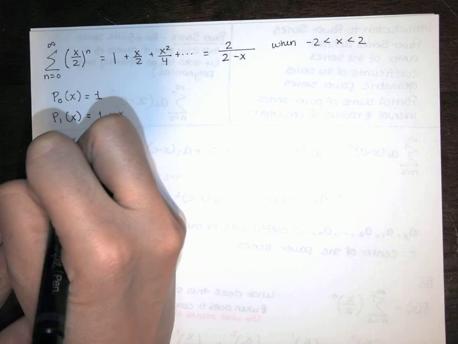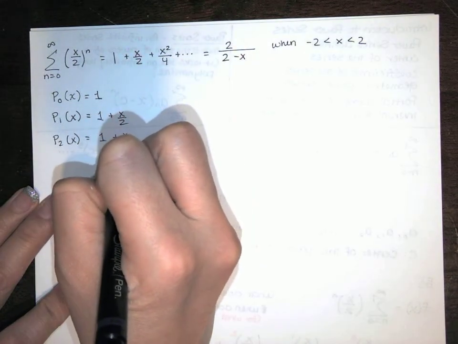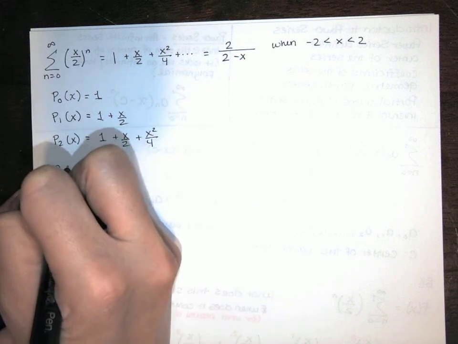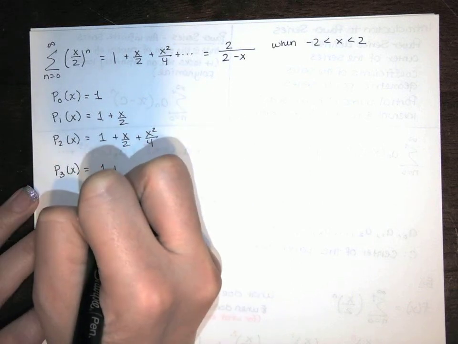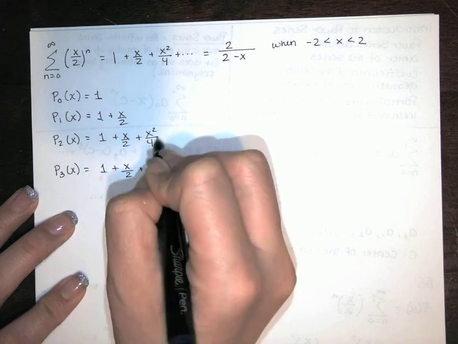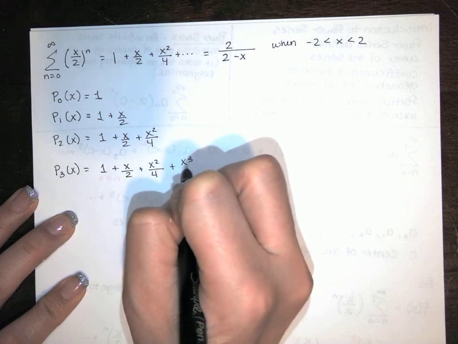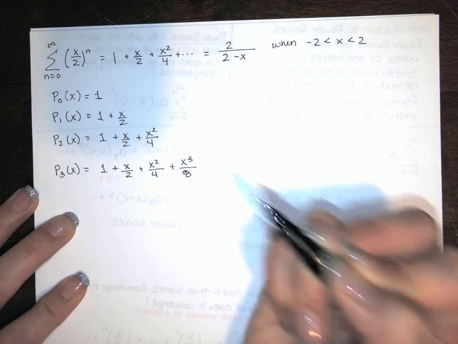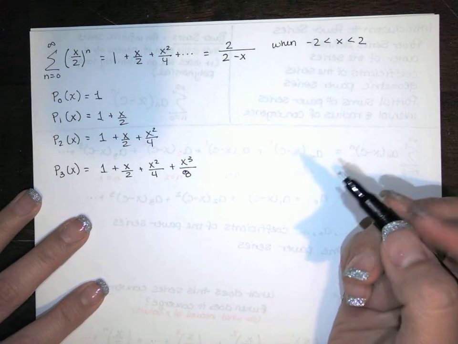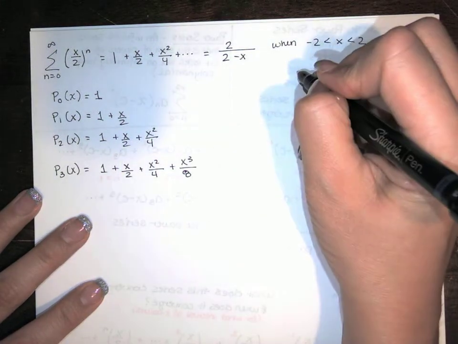Second degree polynomial is going to be 1 plus 1/2 x plus x squared over 4, and so on. Third degree, we don't have that third degree term up there, but we know we multiply this one by x over 2 to get the next term because it's geometric, and we get that. So these are approximations to our function, and they're good approximations as long as we stay close to x equals 0.